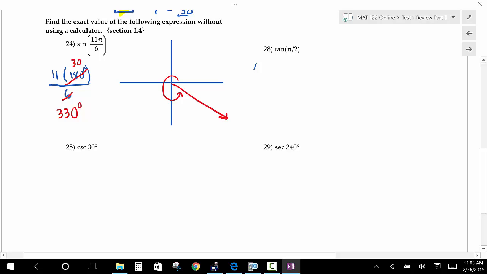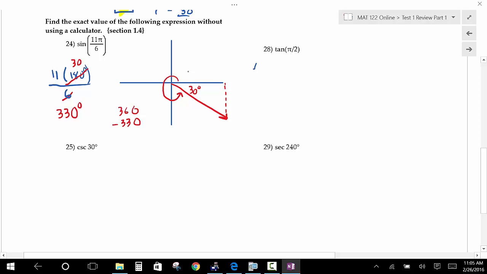So what we're going to do is use what we call a reference angle. Reference angles always go from the terminal point to the x-axis. They never go to the y-axis. Now we have to figure out this reference angle, which is right here. So 360 minus 330 gives you a leftover 30 degree reference angle.